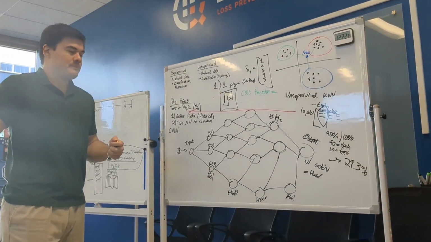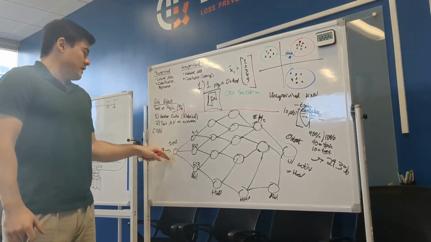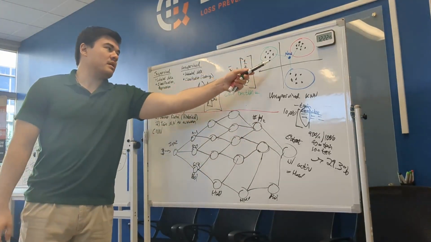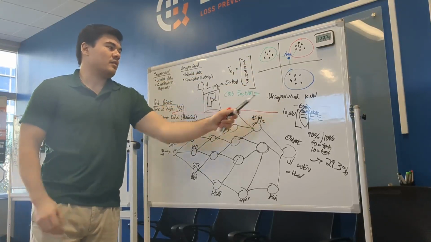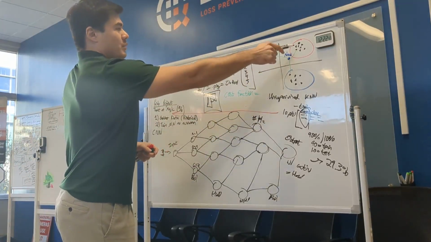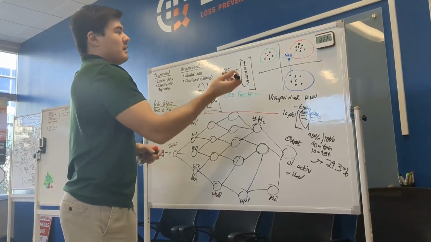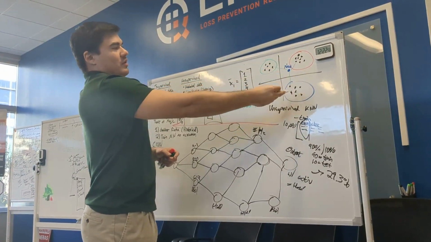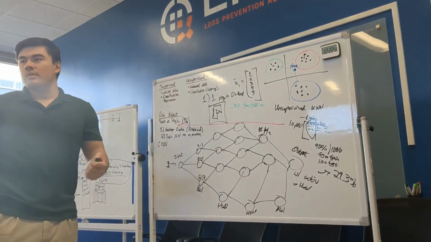And then you'll feed it through, treat everything as a data point. You could do a clustering KNN algorithm where you have these data points, then you cluster it by like 50% stolen, 25% stolen, 75% stolen, something like that.